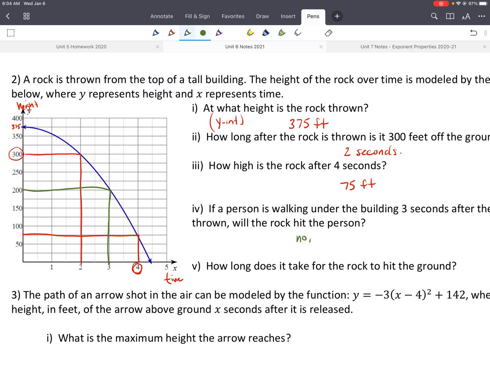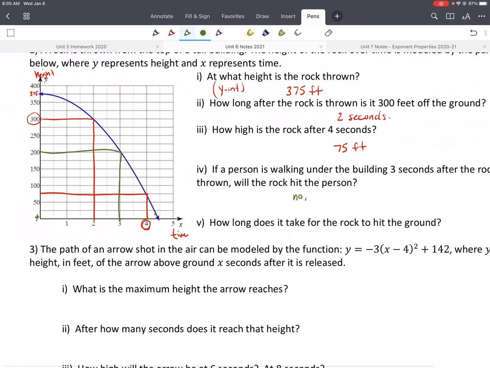But at that exact moment, the person's probably right here. He would have to stay at that same spot until the rock is falling, at a time of almost over 4 seconds. So they have a little over a second to move. Hopefully they're not staying still.